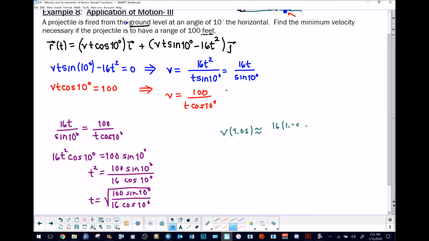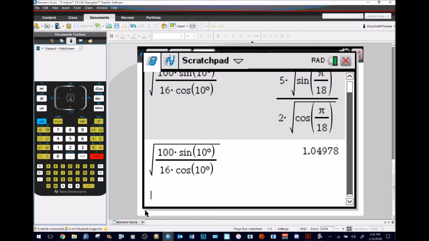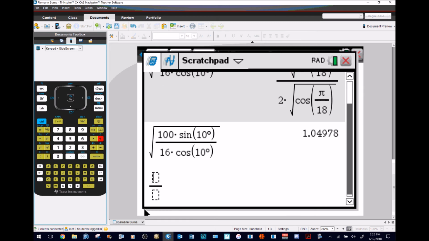So let's see, we've got 16 times 1.05 divided by, I believe it is, the sine of 10 degrees. All right, so let's go ahead and move to a calculator again and do that calculation. We'll put in a fractional expression that consists of 16 multiplied by 1.05 divided by the sine of 10 degrees.